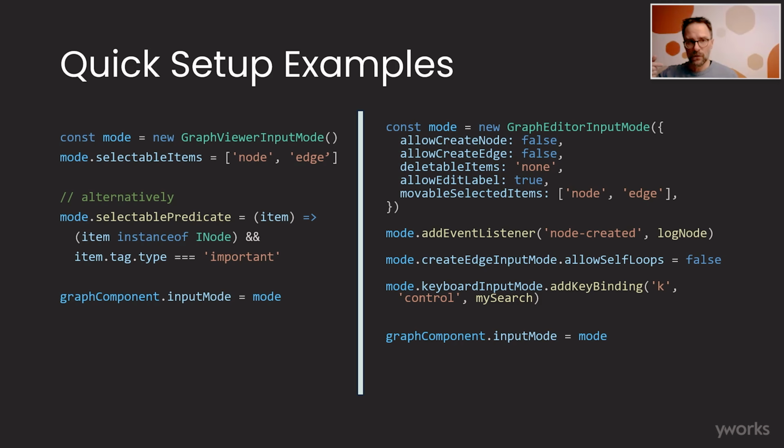If you redo the creation, the model will tell you that a node was created, the old one that was just deleted, but that is not a user-initiated gesture. So these events on the input mode only fire for the user-initiated gestures, and that's a hugely important difference.